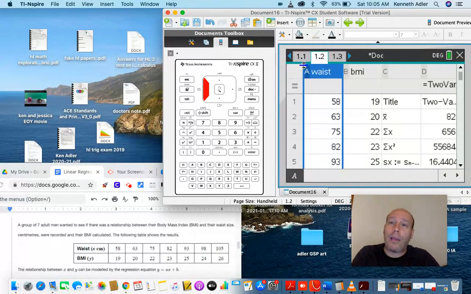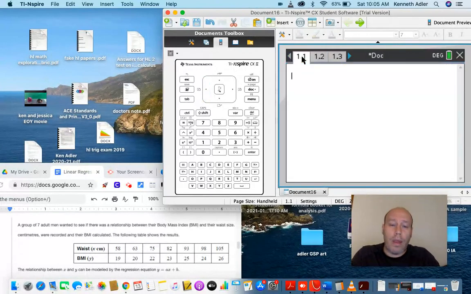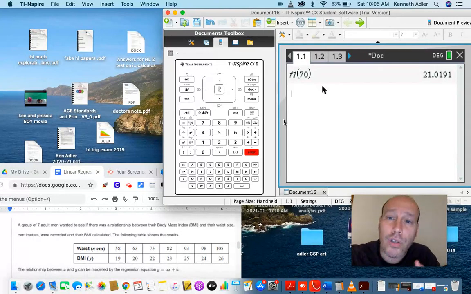Well, I can go to calculator 1, go to F1, open parentheses, put a 70 in there, and based on the equation, it predicts what the BMI will be. That's using the GDC to find all this information. Once again, enter the data in. You want to use two variable statistics, and find the mean of both columns and the R.